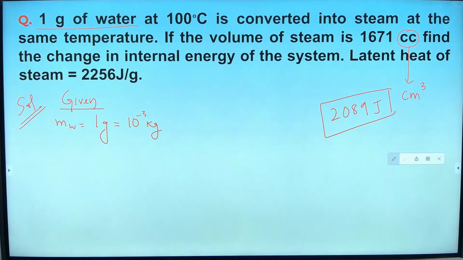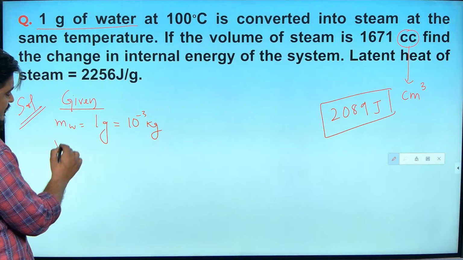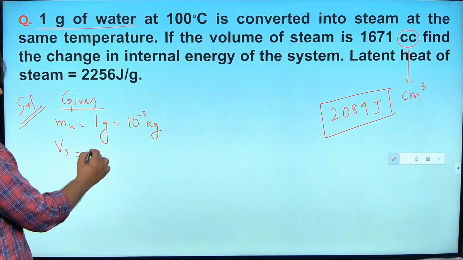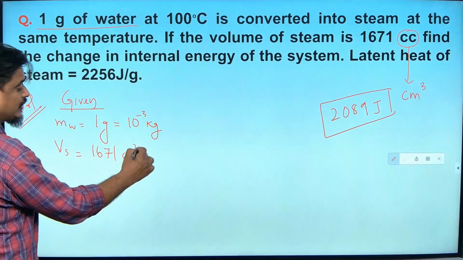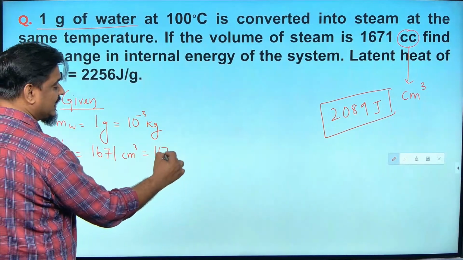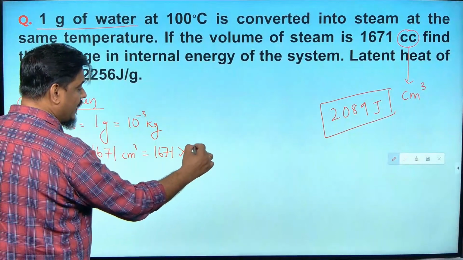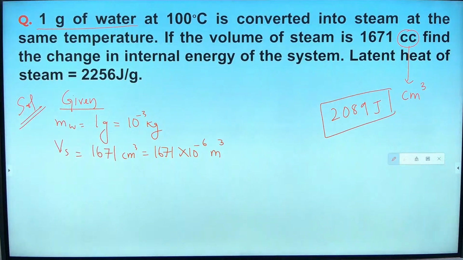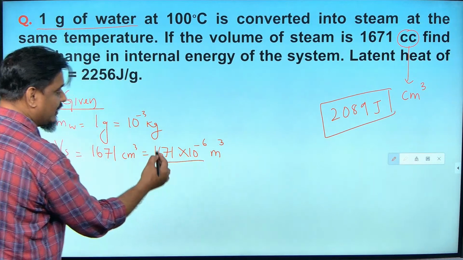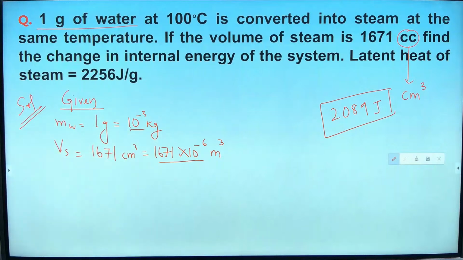Leah Varshini, volume. Volume of steam is given. How much is that? 1671 centimeter cube, which is equal to 1671 into 10 to the power minus 6 meter cube. Am I right? You have to convert it to SI units. If you are not doing it, you will have trouble. Okay, anyhow, what else is given? Latent heat of the steam.